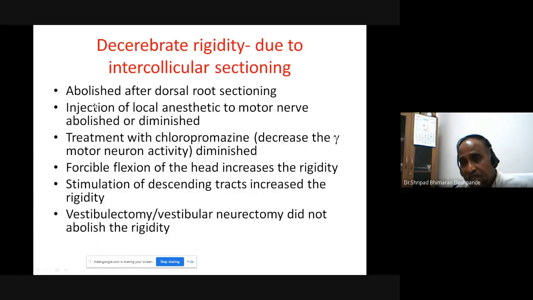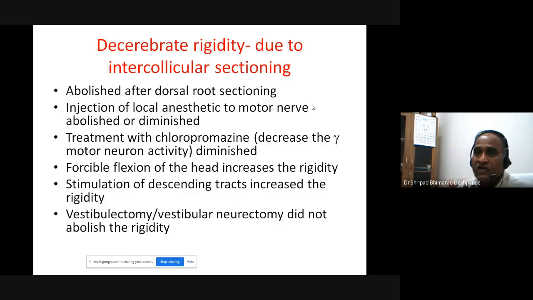Now the second experiment Sherrington did: he injected a local anesthetic into the motor nerve, or the nerve supplying the muscle. Just to remind you, a local anesthetic is a sodium channel blocker. It blocks the small diameter fibers first, then the large diameter fibers.